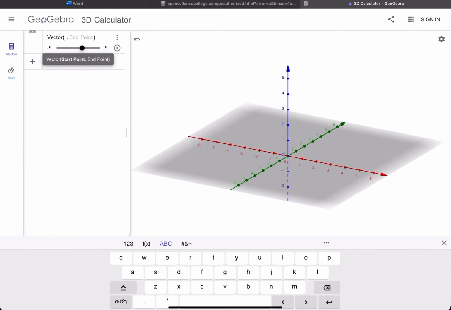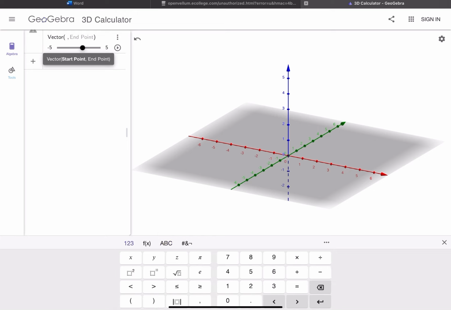So we're going to have the point 9, 0, 5, close parenthesis. I'm pretty sure we need another set of parentheses around that. GeoGebra is difficult at times. Give me a moment.